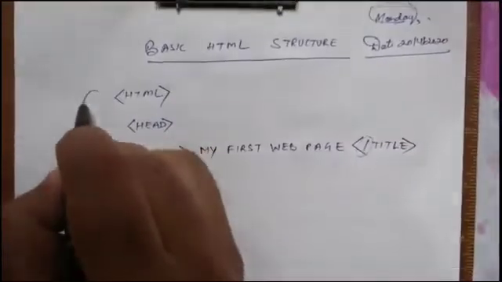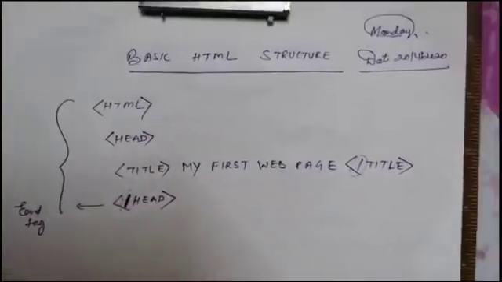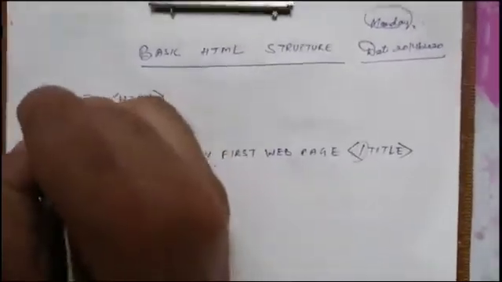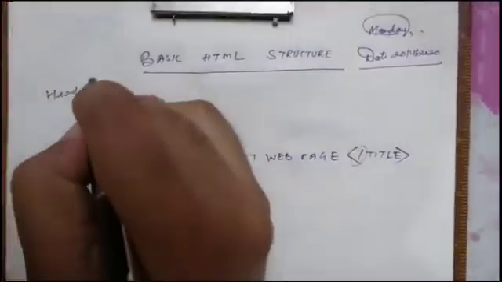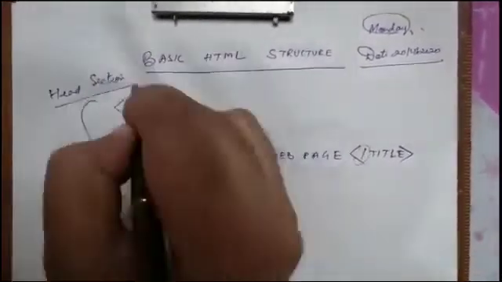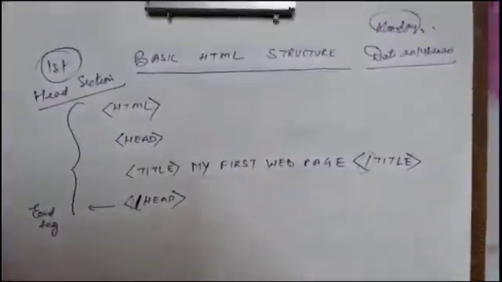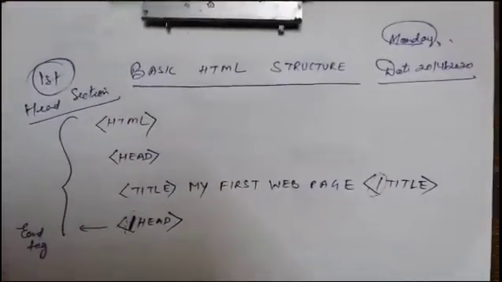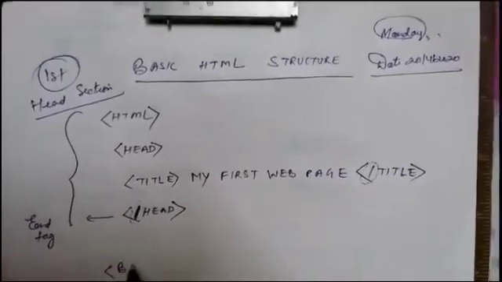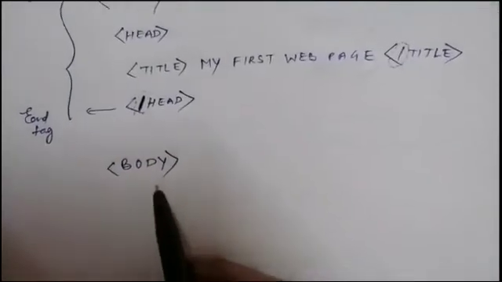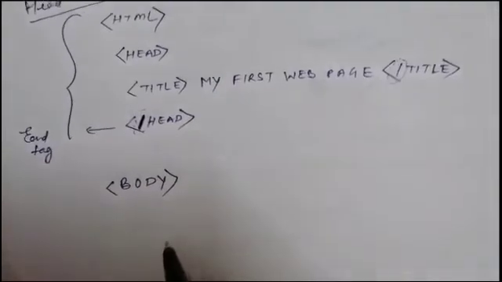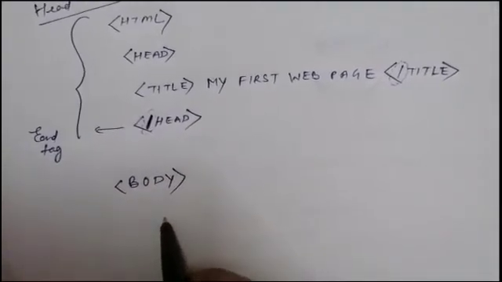Now after head, this is the first section of your HTML document, the head section. After this, here we will write body, right? Now body will contain all other tags and contents of the HTML document, right?